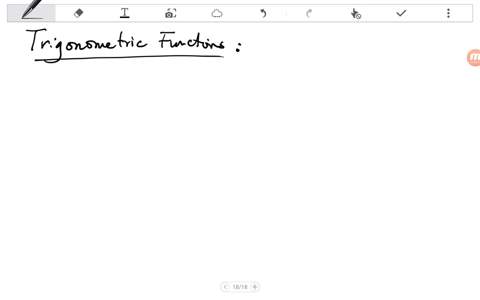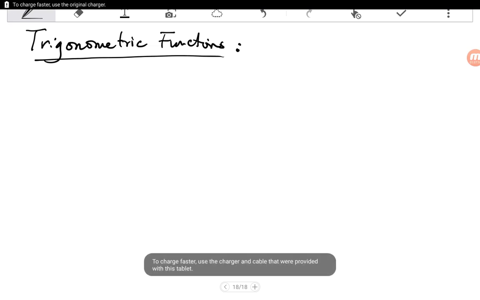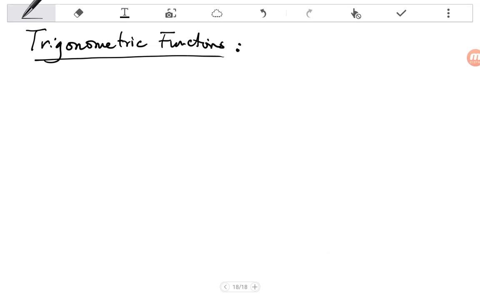We'll start a new lesson, which is trigonometric functions. Maybe you have encountered these functions, which are called sine theta and cosine theta and tan theta.